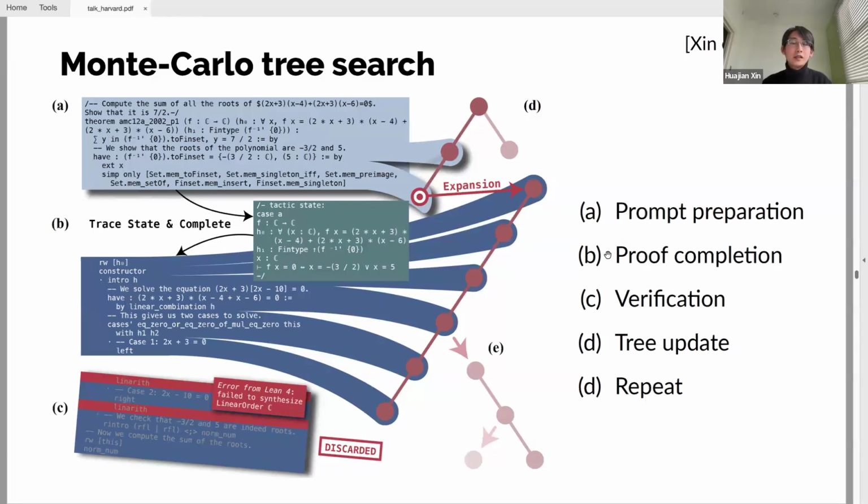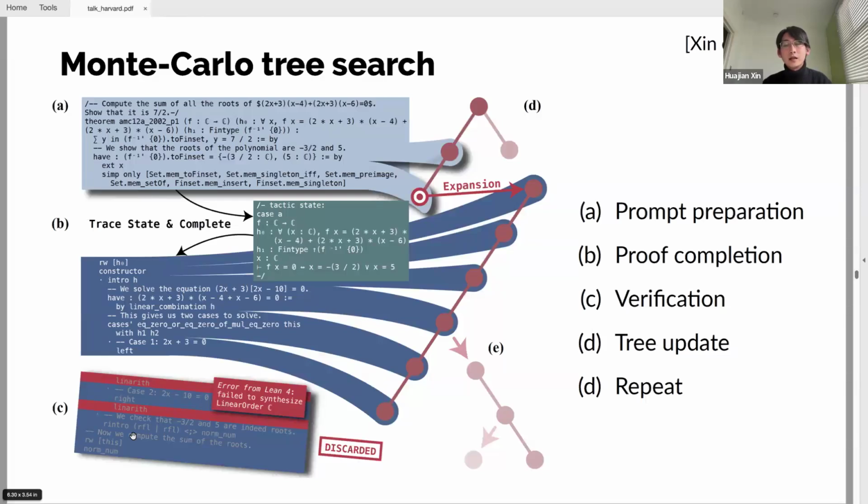In step B, the language model generates the next proof steps after receiving the current tactic state from the proof assistant. In step C, the proof assistant verifies the completed proof. If no errors arise, then a valid proof is found, and the tree search terminates.